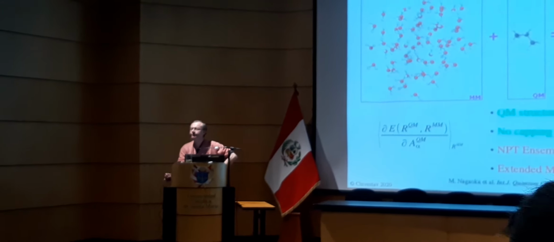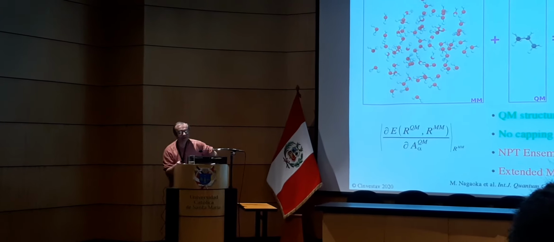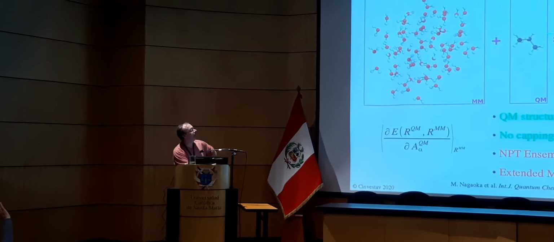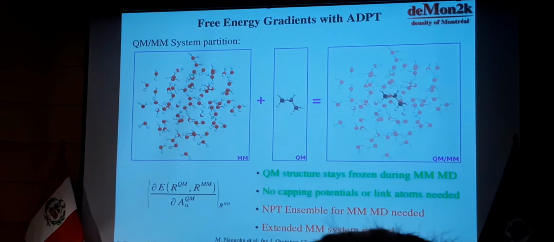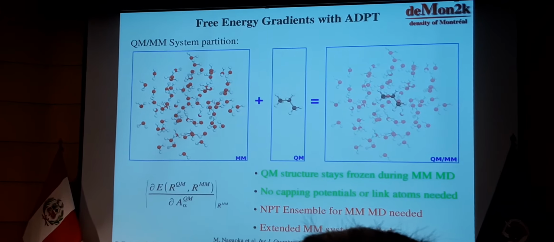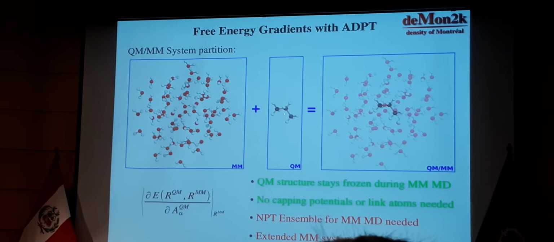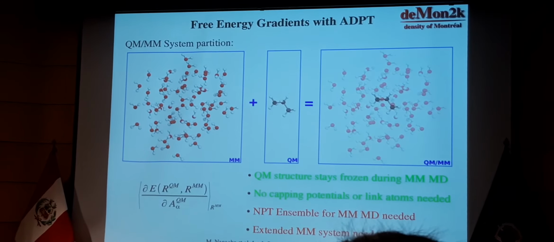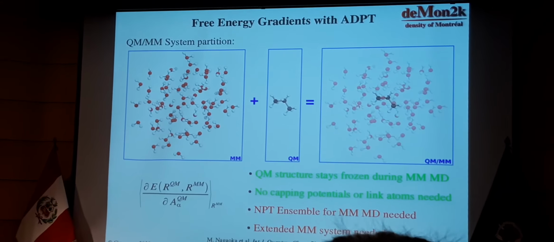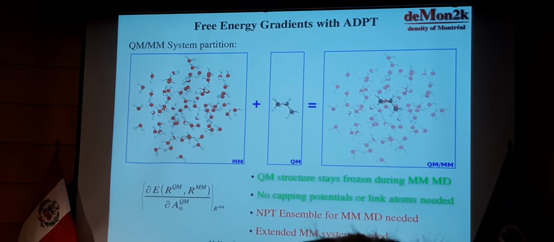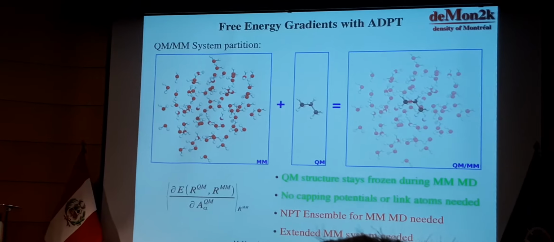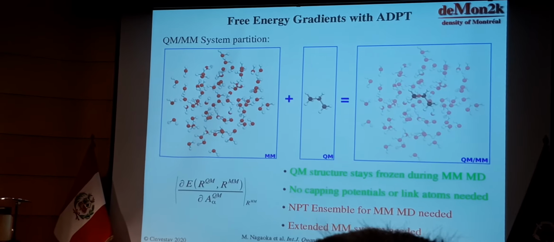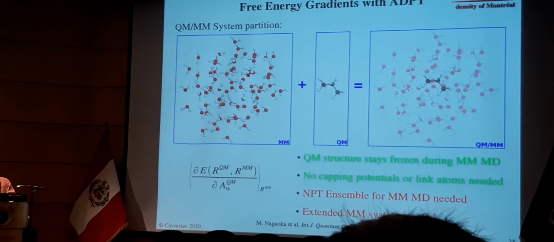Yes. If you want, you have to expand your QM region. This is a cartoon for simplification of the methodology, but what you say is absolutely right. You can extend. You define that the solute is the solute plus some water. So you can do that. No cappings, right? Please take that message to your president. Thank you.